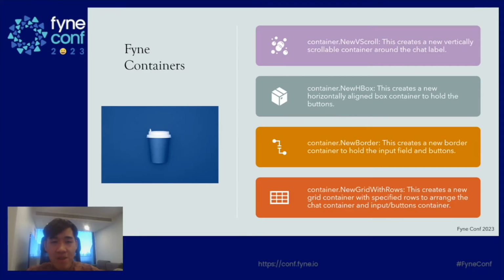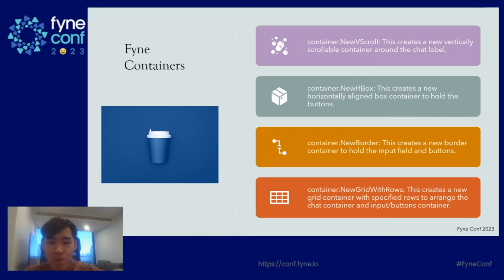And we also make use of containers too. In this scenario, for example, new V scroll, which helps to create a vertically scrollable container around the chat label. And aside from that, using new HBox, which helps to create a horizontally aligned box container to hold the buttons, which helps in making them look good when we look at it in terms of the UI.